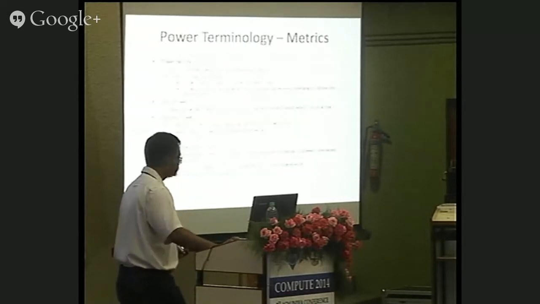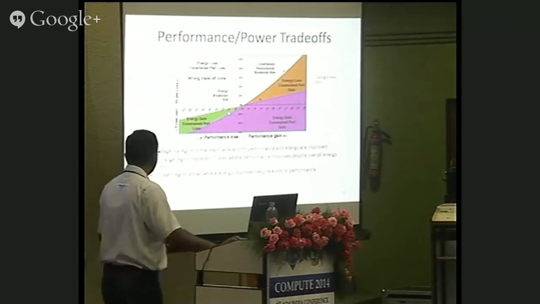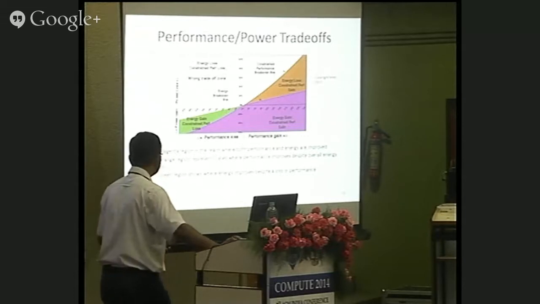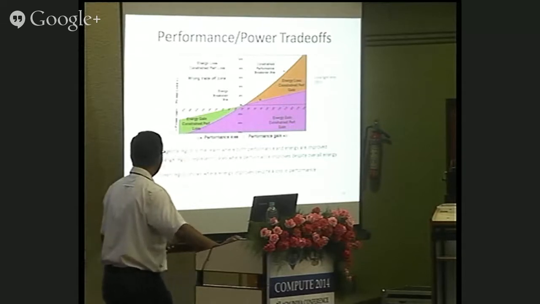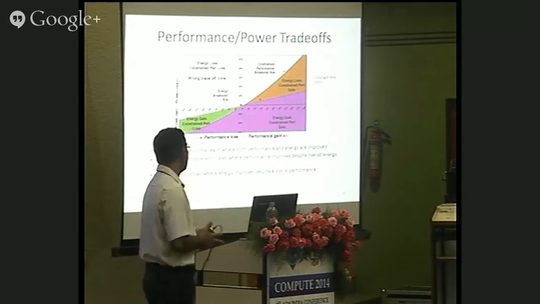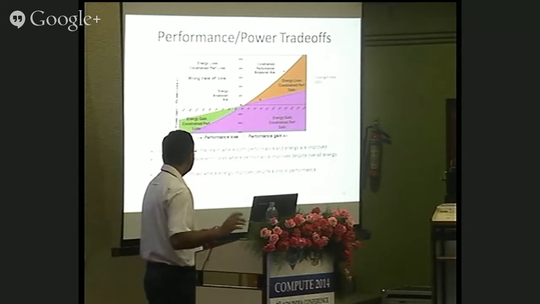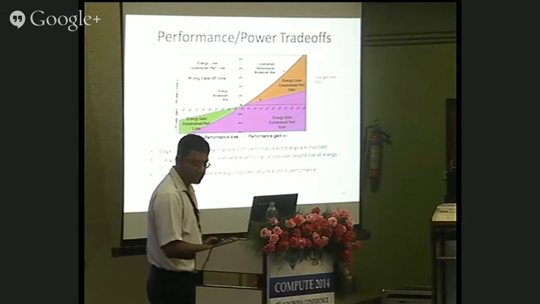This green region shows that we can get some gains in terms of energy consumed by the application, but with some kind of performance loss. A typical scenario where this happens is when we use dynamic voltage frequency scaling to reduce the power consumption of the application. And this other region is an area where you have energy loss constrained by performance gain.